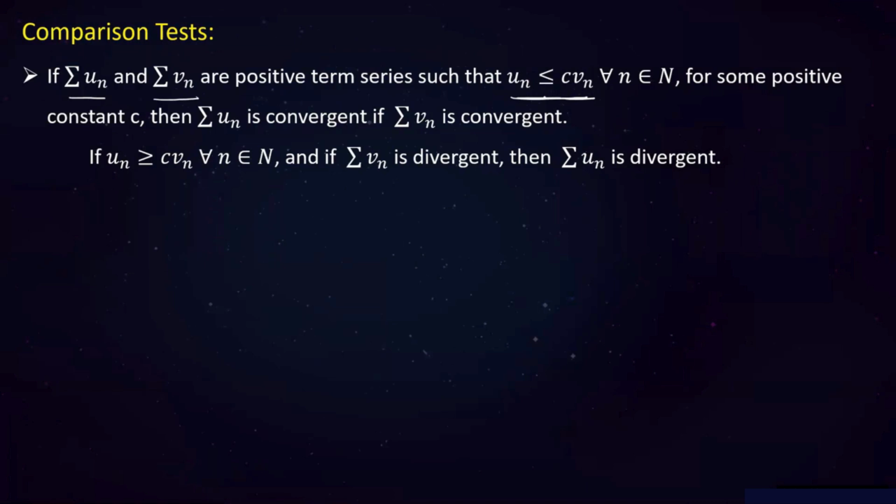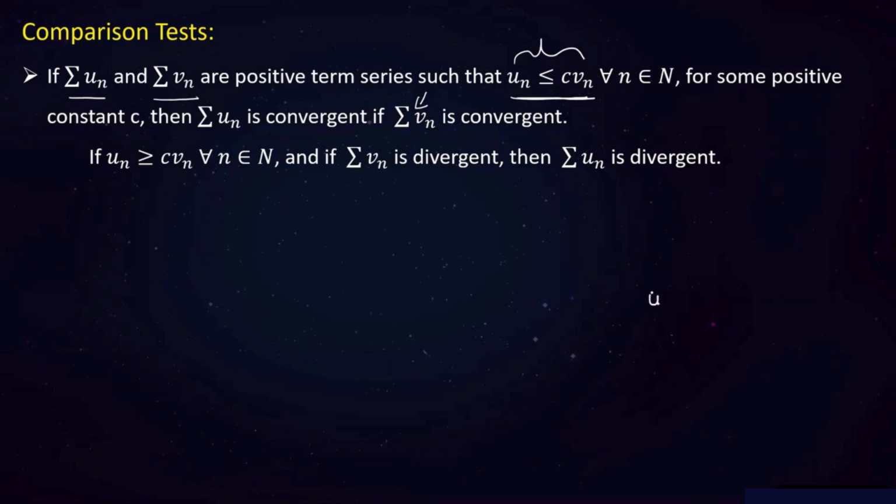That c may be 1 also sometimes. Okay, that is also possible. Now, when this follows, what it says, you see, summation un is convergent if summation vn is convergent. Here, if summation vn is already known to you, and if that series summation un and summation vn follow this particular condition, then we say summation un is convergent if summation vn is convergent. Understand what it is.